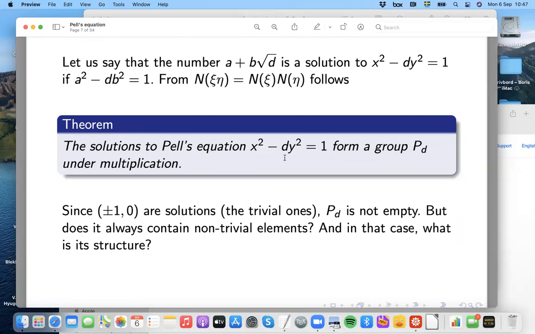So the set of solutions for any d is non-empty, but these solutions are trivial, and the question is, does it have any other elements? We discussed in the beginning that if d is a complete square, there are only trivial elements, no non-trivial elements. What about d being different from a square?